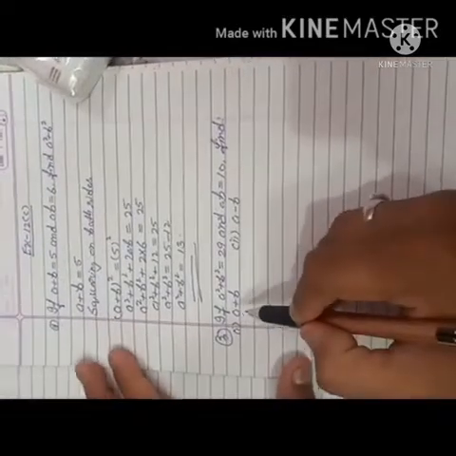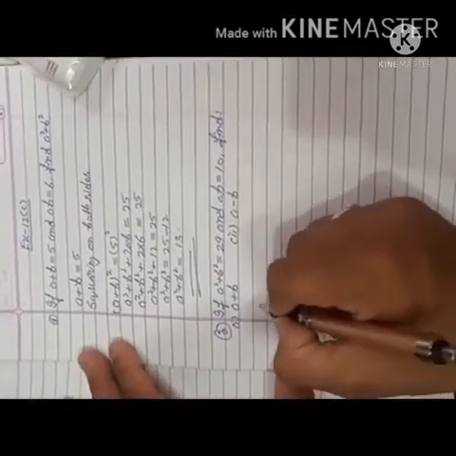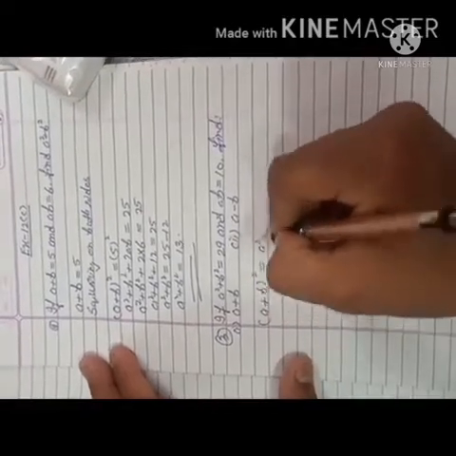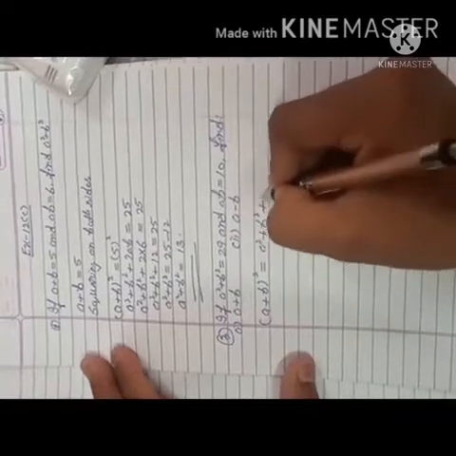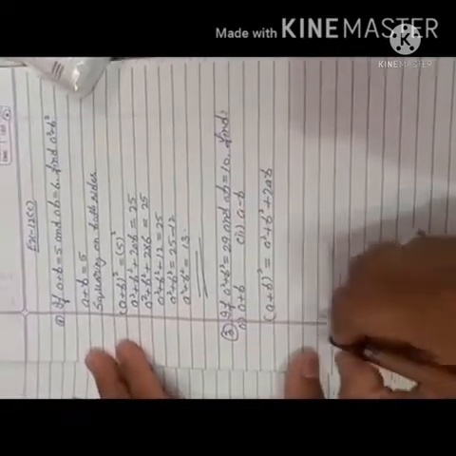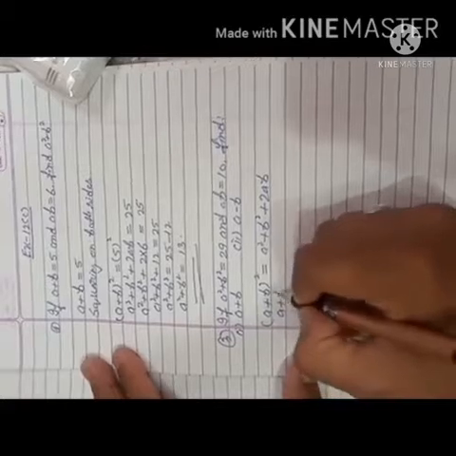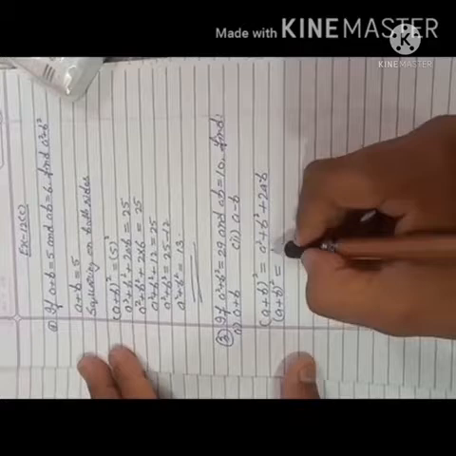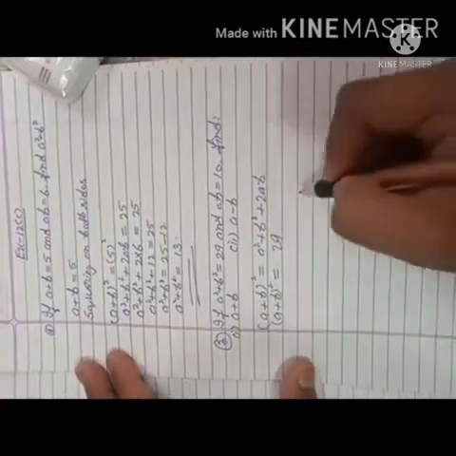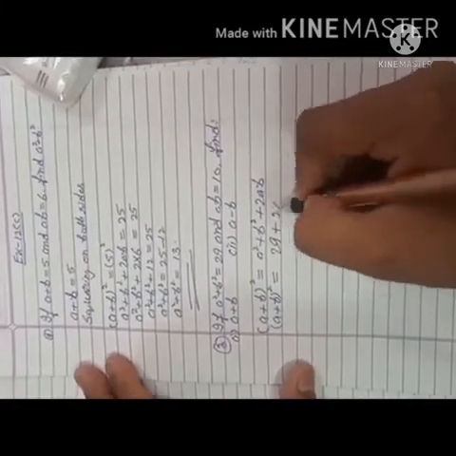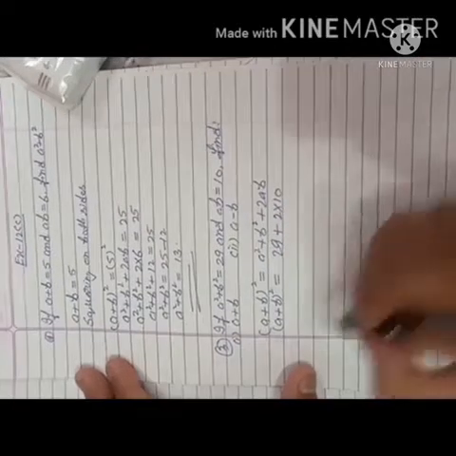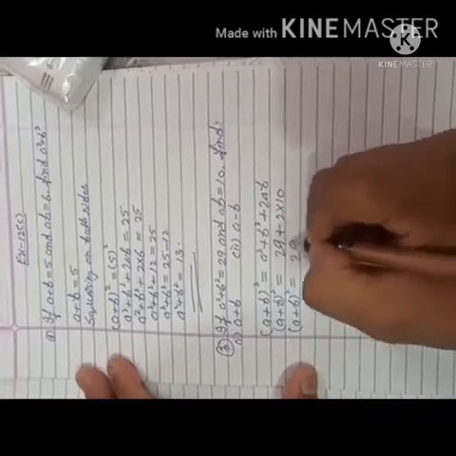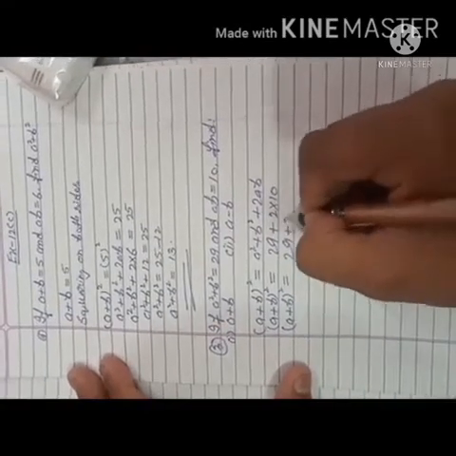So the a plus b whole square formula is there. First we will write the formula: a plus b whole square is equal to a square plus b square plus 2ab. We write a plus b whole square as it is because we have to find a plus b. So it is equal to a square plus b square, given as 29, plus 2 multiply value of ab, 10. So a plus b whole square is equal to 29 plus 2 tens are 20.